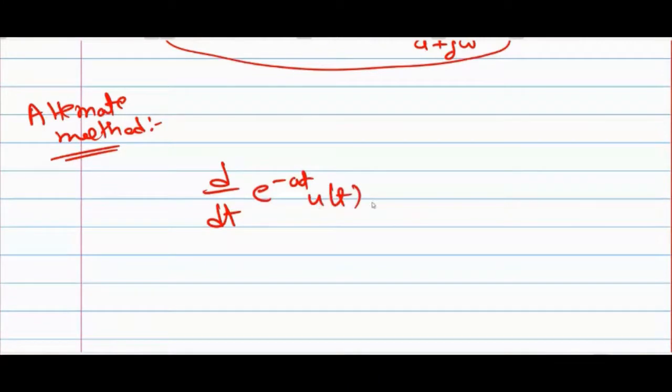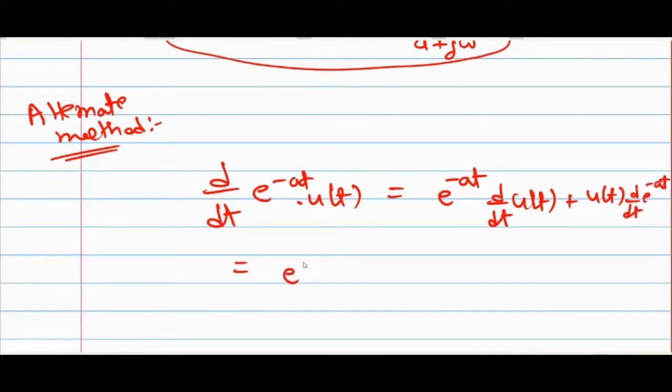I will first differentiate this in the time domain. So this is the derivative of u into v. First term constant times d by dt u of t, plus u of t times d by dt of e raised to minus at. So it becomes e raised to minus at.